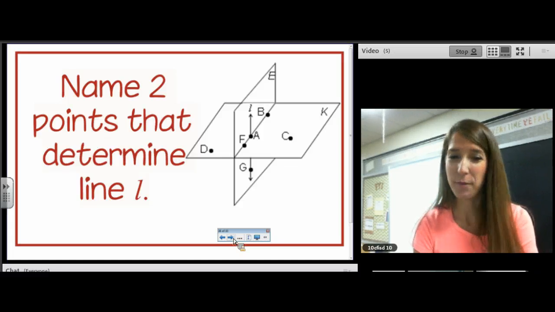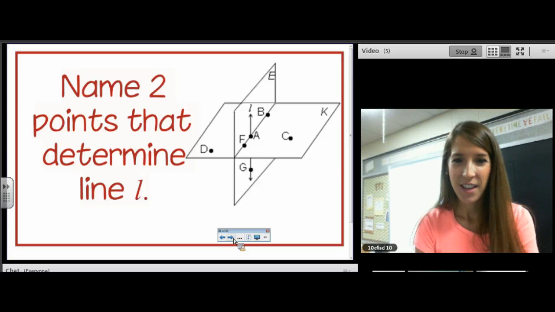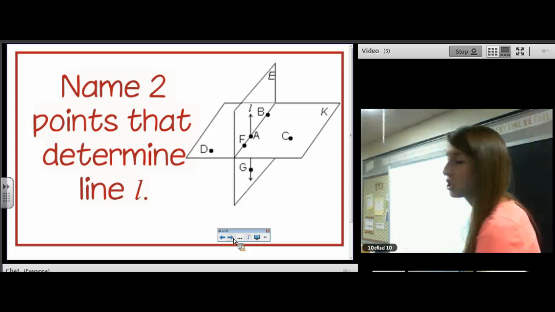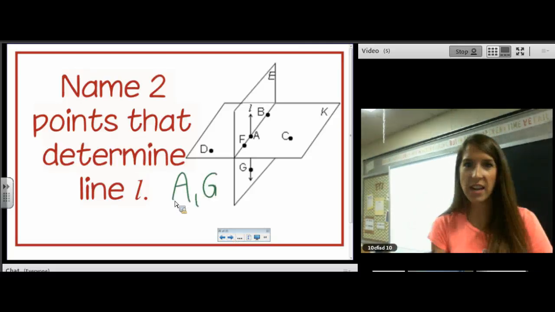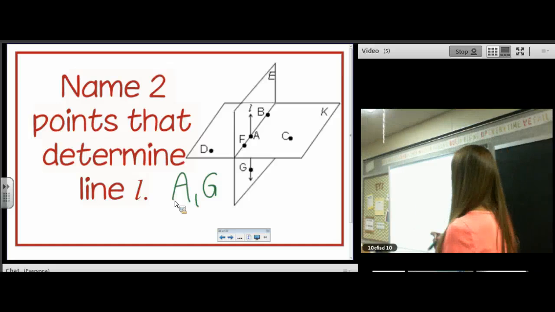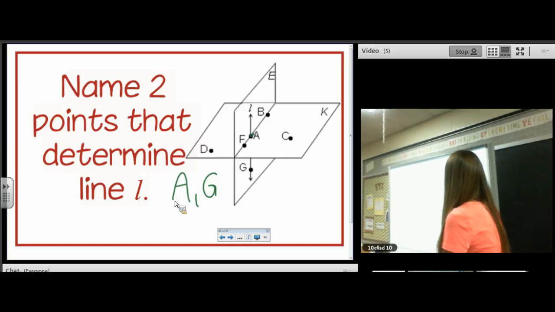I didn't give you a tough one. 2 points that determine line L. Italicized L. Yep. Make sure they're capital, because when we name a point, they're capital. So you'll want to watch any lessons that you missed, because we talked about how when we name a point, they're capital letters. So we're just naming 2 points that are on line L. Very good.